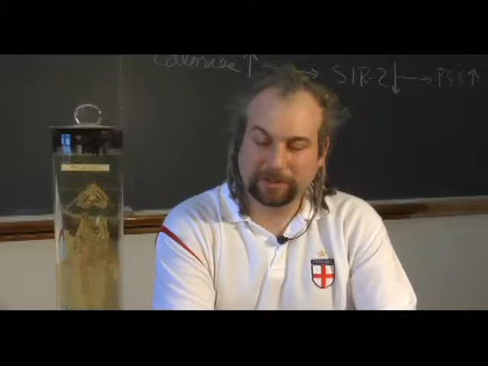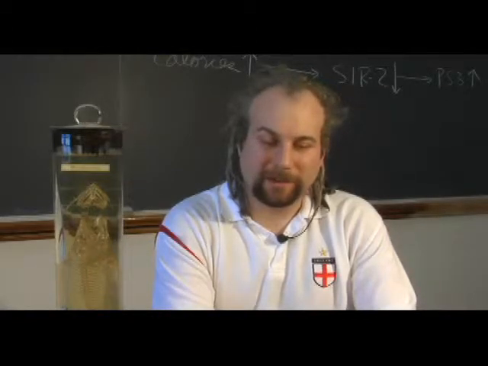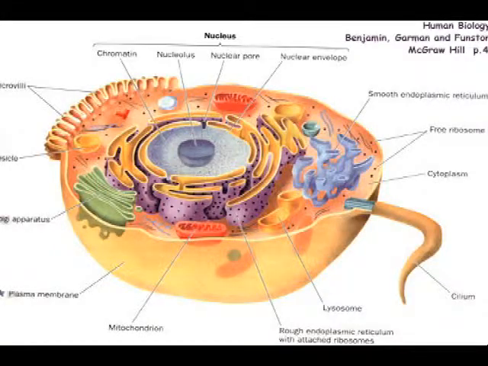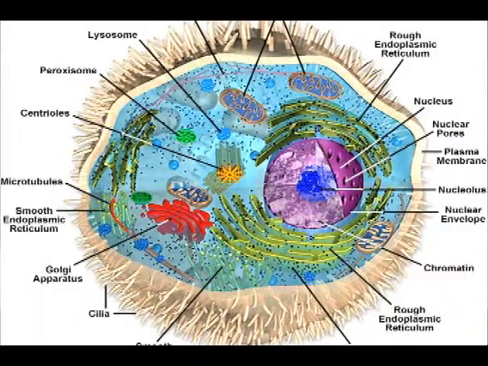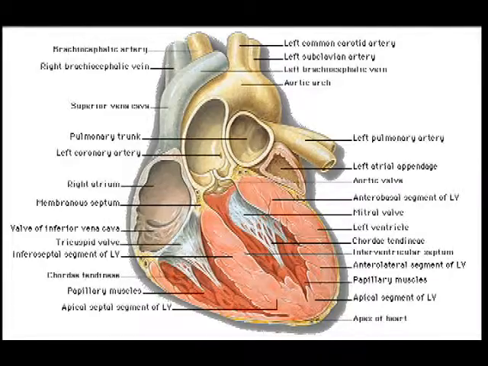A lot of your training as a young scientist is looking at drawings and looking at pages in books that have sketches of what the nucleus is supposed to look like and what a cell is supposed to look like and what a cell membrane is supposed to look like and what different structures of one's anatomy should look like.